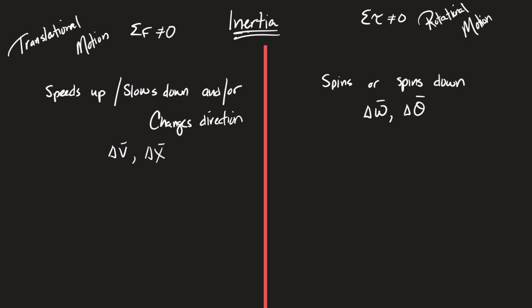Now, if you don't remember the definition of inertia, I want to remind you. Inertia is a measurement. It's measuring a property of the object. For translational motion, inertia represents how effective a force will be at changing an object's motion. I'm using different vocabulary than I used first semester on purpose. But measuring an object's inertia is measuring how effective a force will be at changing an object's motion.